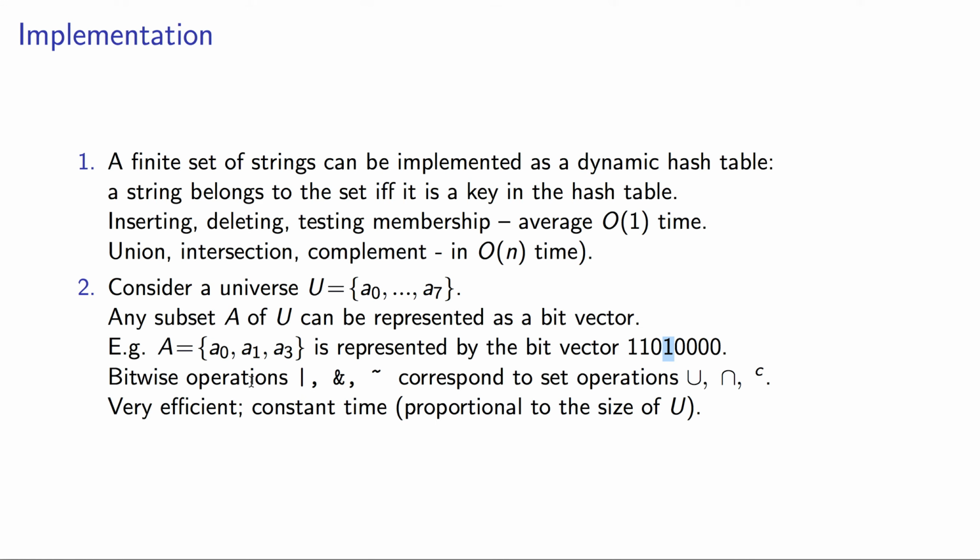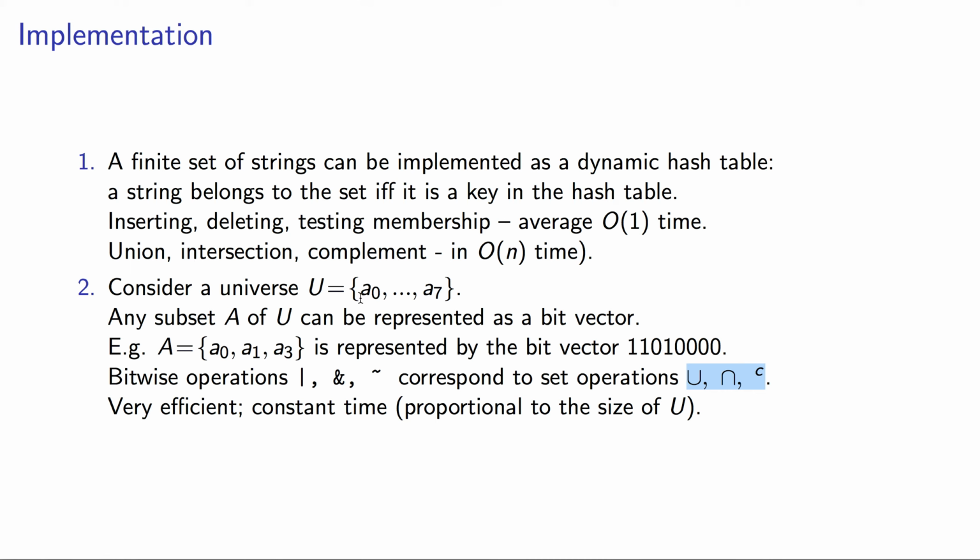In such a case, bitwise OR, bitwise AND, bitwise complement correspond to the set operations of union, intersection, and complement. This is very efficient. The operations are performed in constant time.